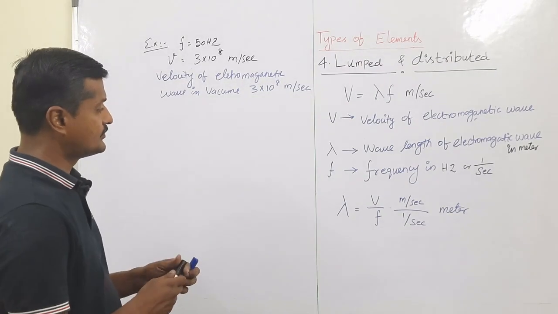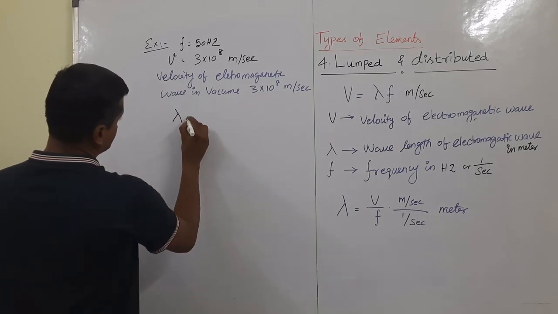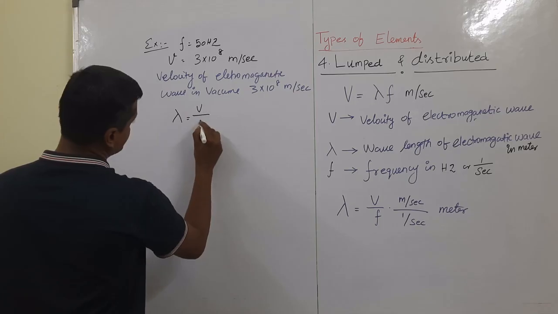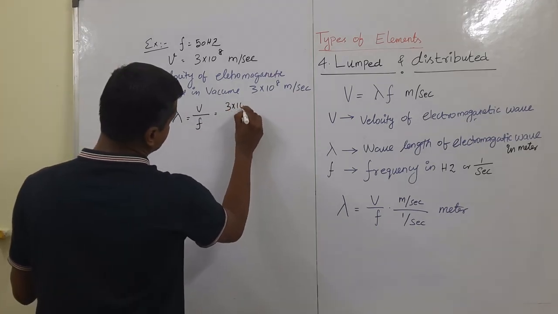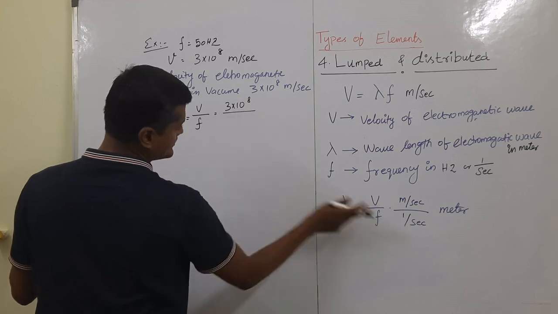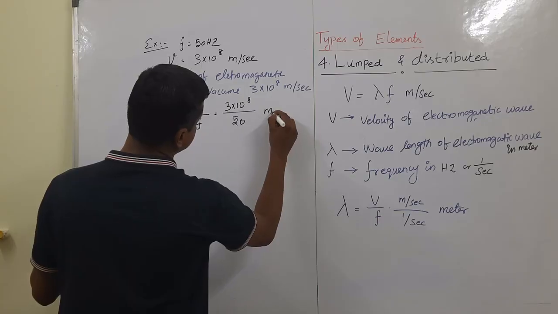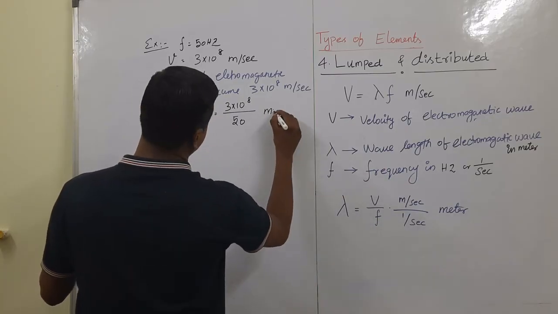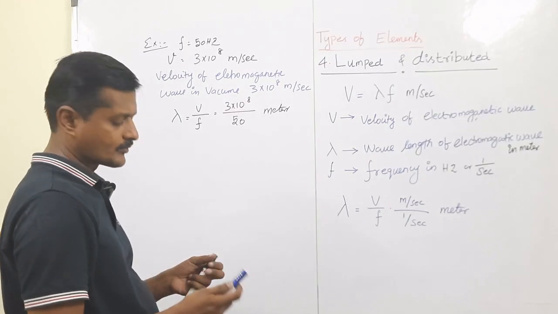So just now we are substituting the value: lambda is equal to V divided by F. V is 3 into 10 power 8 divided by frequency 50. The unit is meter.